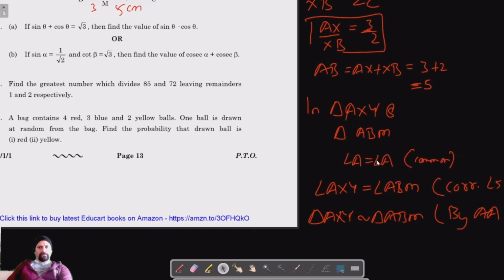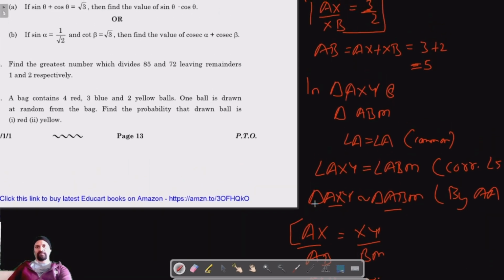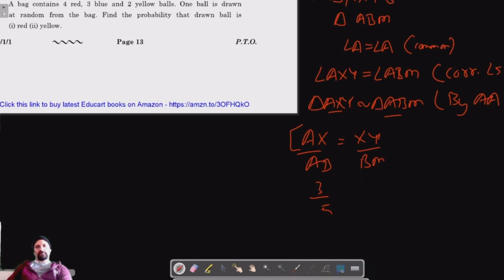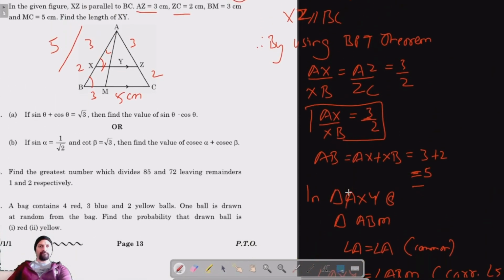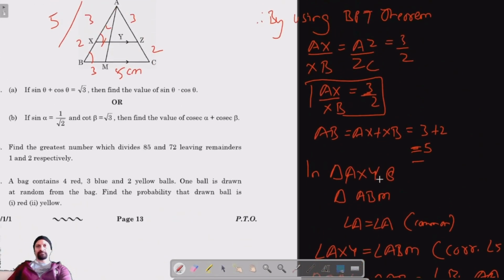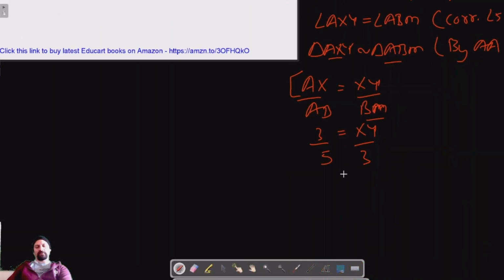Once these triangles are similar, we can get the sides in proportion. So AX upon AB is equal to XY upon BM. Let's put in the values. AX is 3 and AB is 5. We have to find XY, and BM is given as 3.